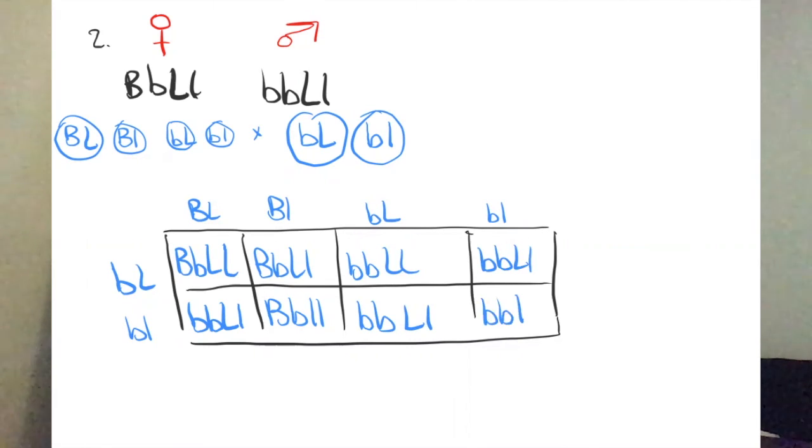Okay, so I have these 8 possible outcomes, and I'm going to have to add up what my conditions are. So let's see, 1 out of 8 is going to show the white short traits.